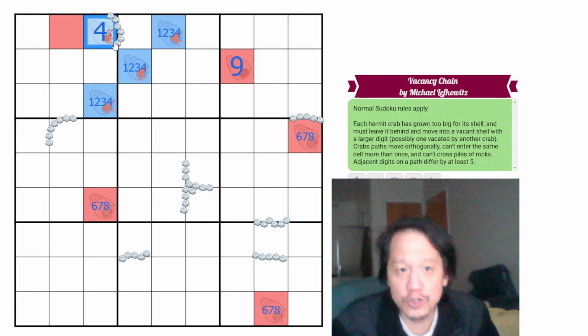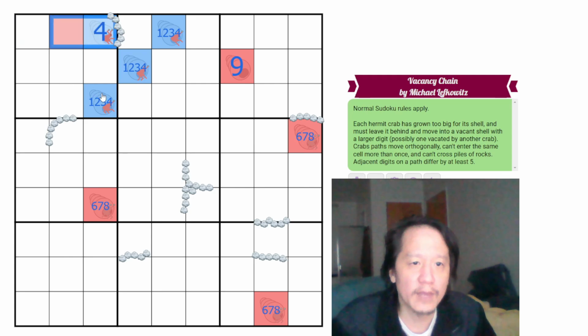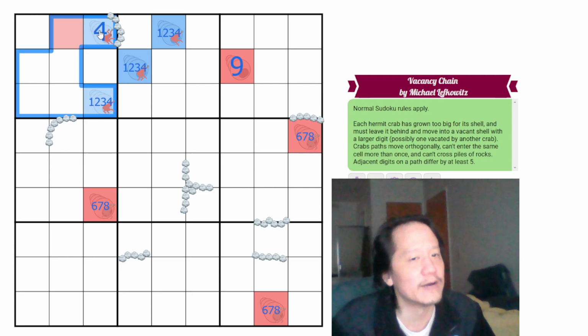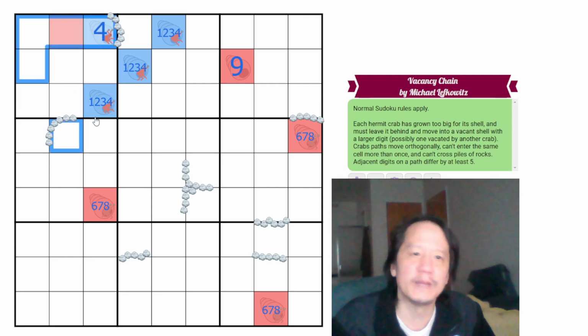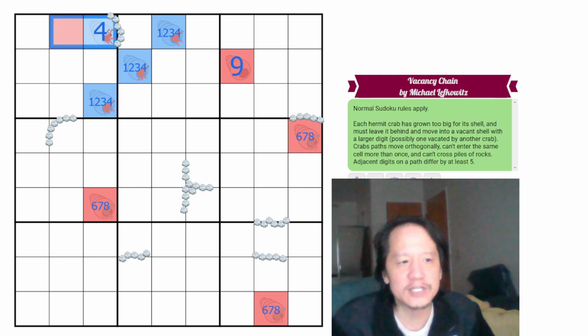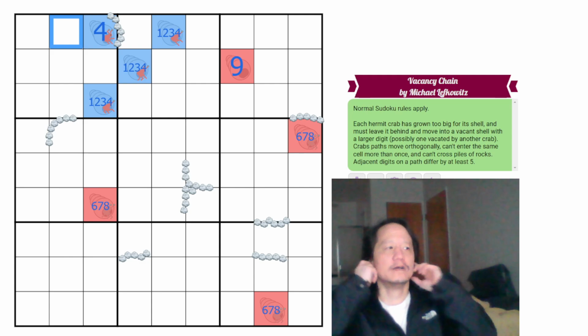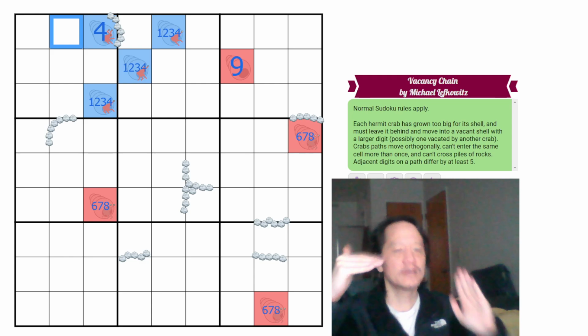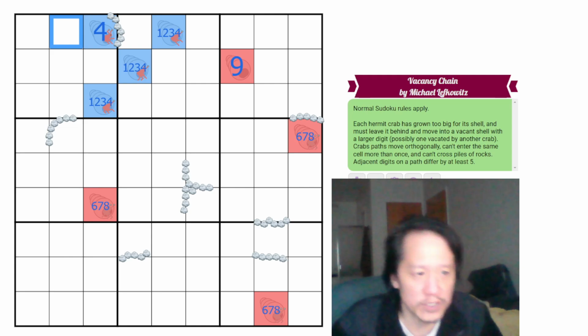Because if this could enter in this way, and another crab path could enter in that way, then there's so many possibilities. I don't think it's even solvable. So it has to be that the way it's worded, crab paths can't enter the same cell more than once. So therefore, it has to be all the crab paths cannot enter the same cell more than once.